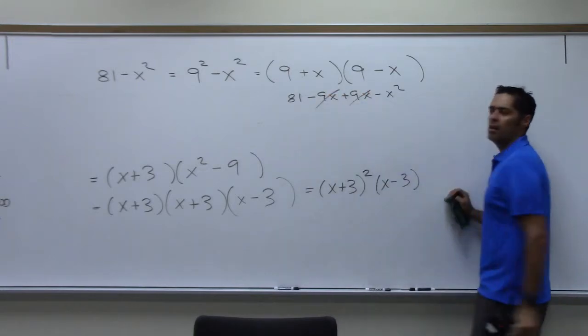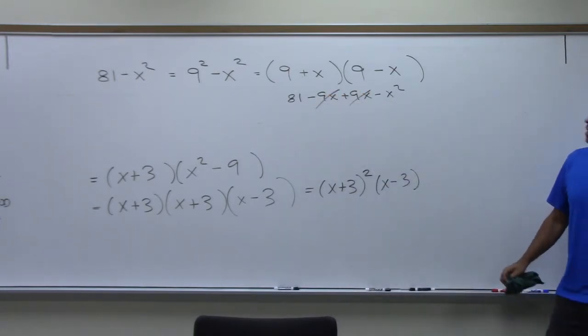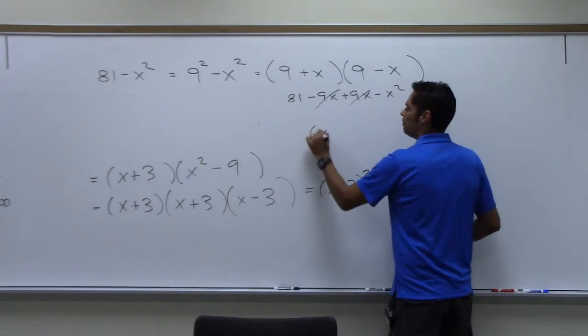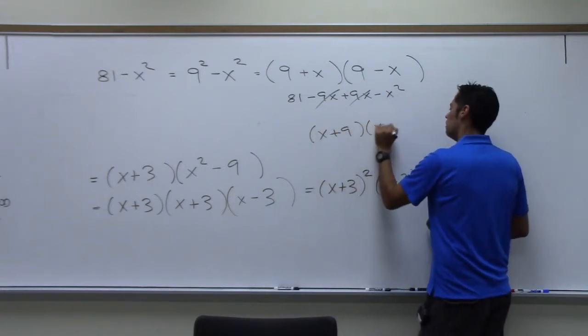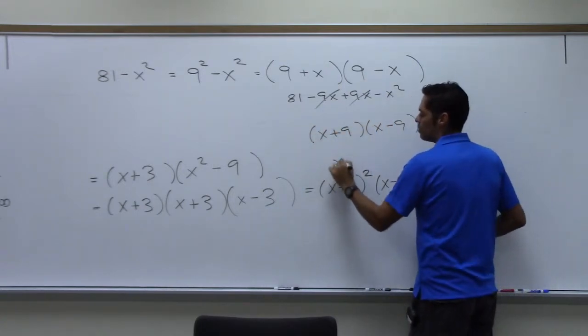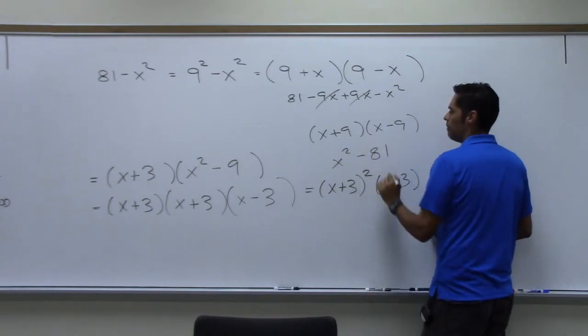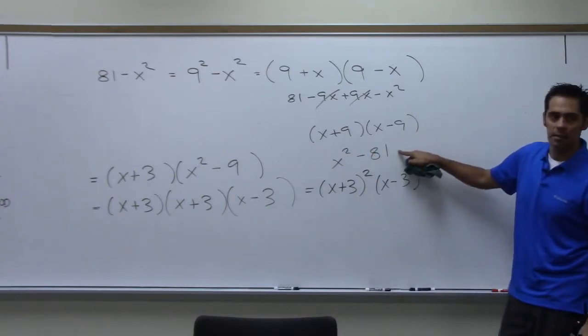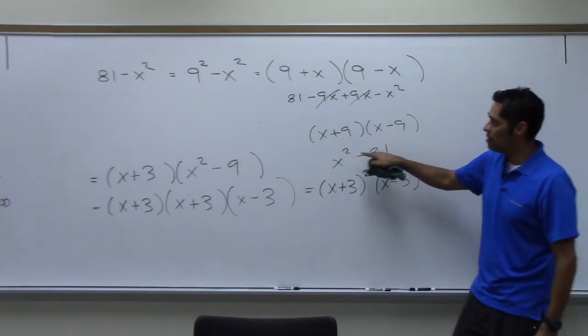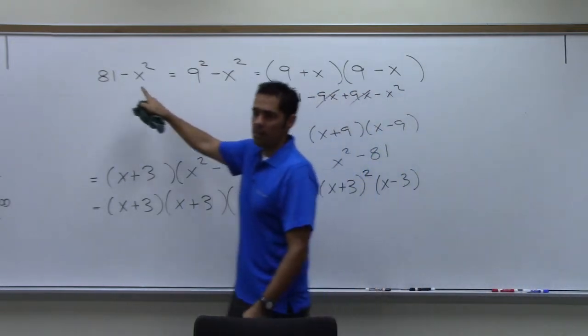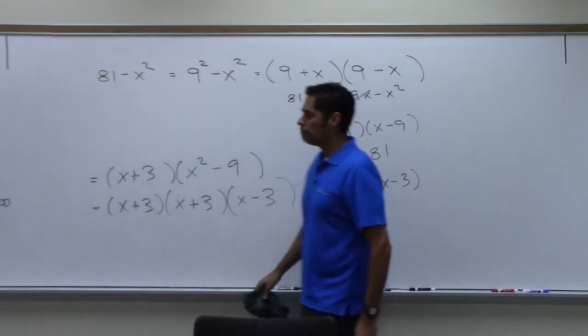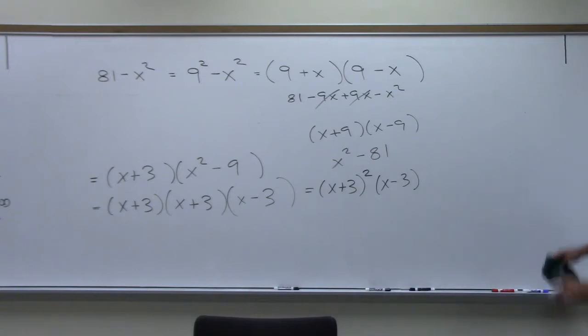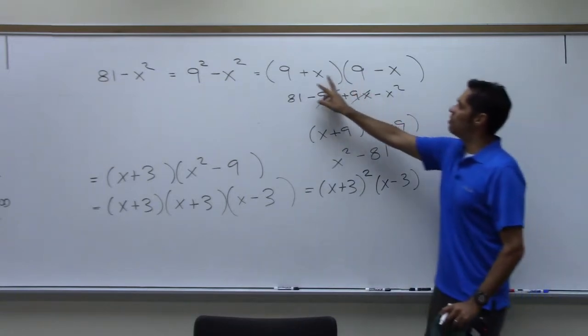These two would cancel, you get 81 minus x squared. If you do it the other way, then you get x squared minus 81. And that's not the same, right? X squared minus 81 is not the same as 81 minus x squared. So if the order changes, all you do is you just switch them in here too.